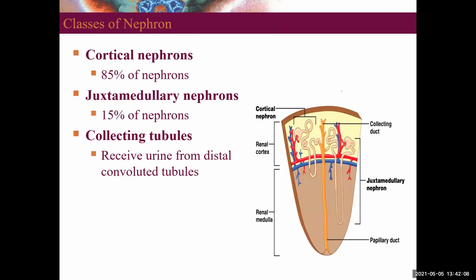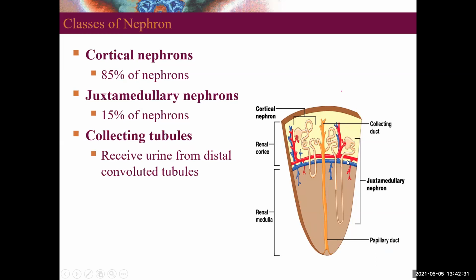Okay. So now let's see, this is one of the pyramids. In one pyramid, there are thousands of nephrons, but we are talking about a few nephrons. So in the pyramid, you're going to see some nephrons are mainly in the cortical region.